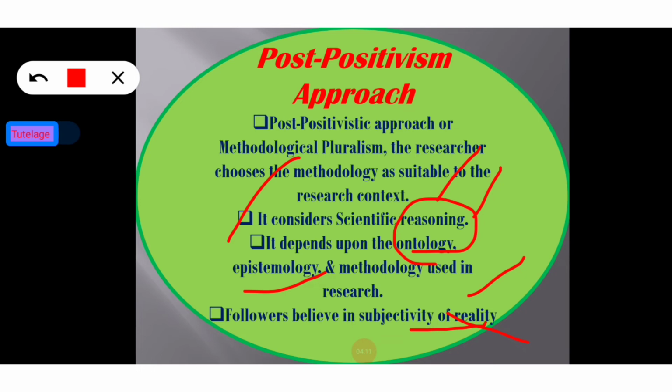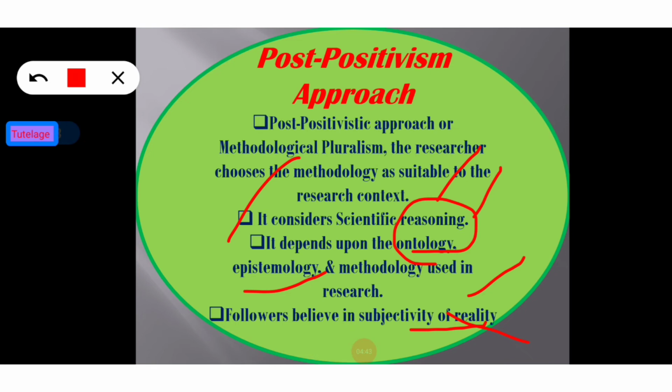So scientists are designing on a continuum between the qualitative and the quantitative approach. Okay, so the positivism approach or research is based on the quantitative approach, but post positivism research is based on the mixed research, basically quantitative and the qualitative.